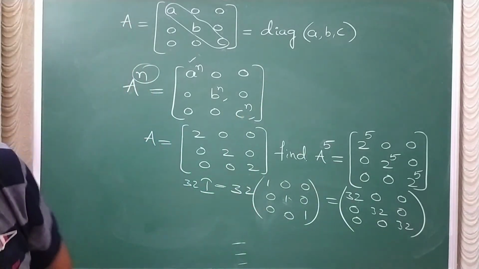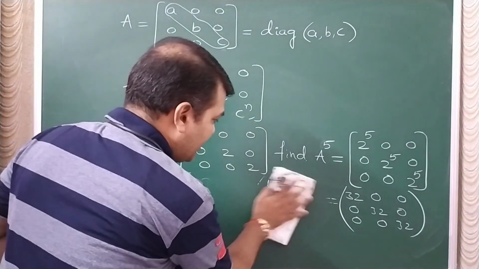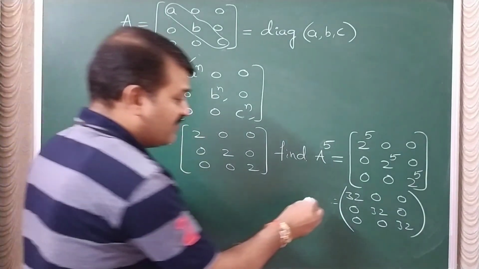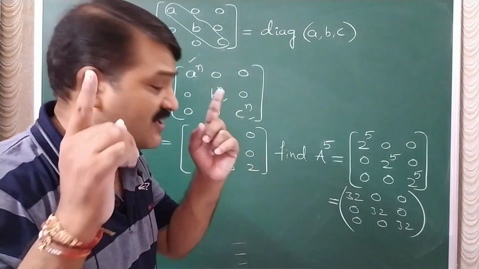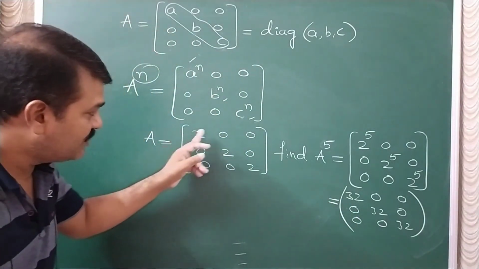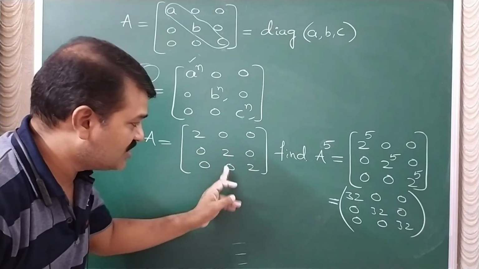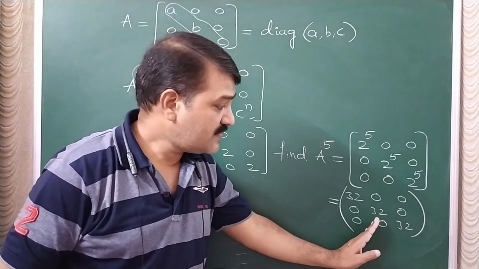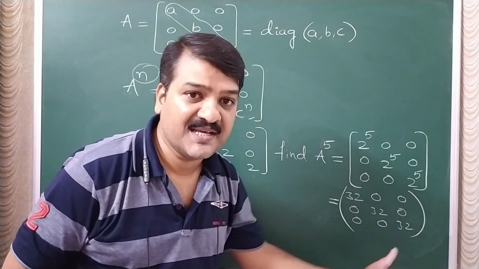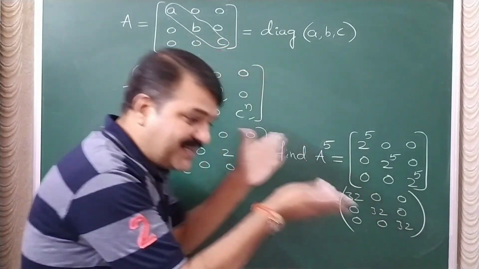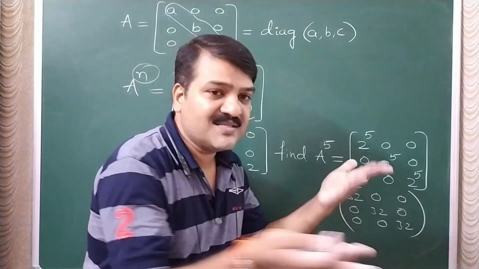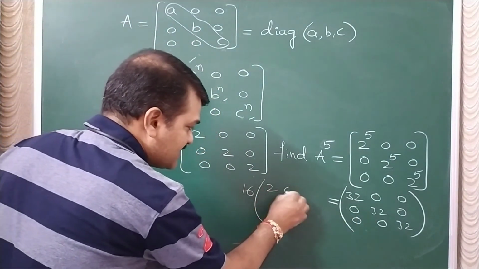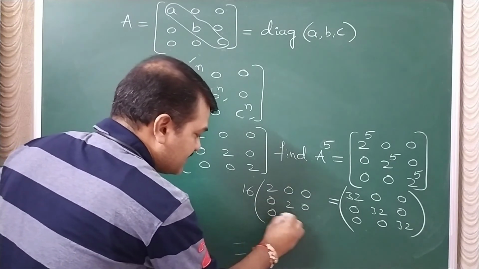Normal multiplication will be very lengthy. I can do like this also. If I want the answer in terms of A, means in terms of 2 0 0, 0 2 0, 0 0 2, once I take common, I want matrix A to be left here. When matrix A is left after taking common, you can express the answer in terms of A. That is, if you take 16 common from this matrix, you will get like this.